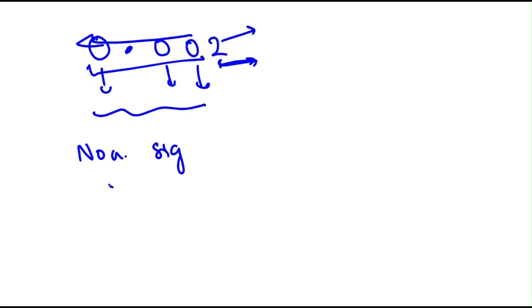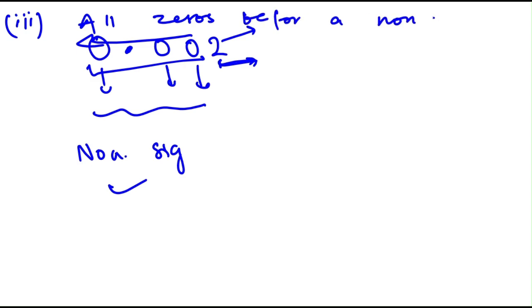So all these digits are non-significant. We can write it as the third rule: all zeros before a non-zero number are insignificant figures.